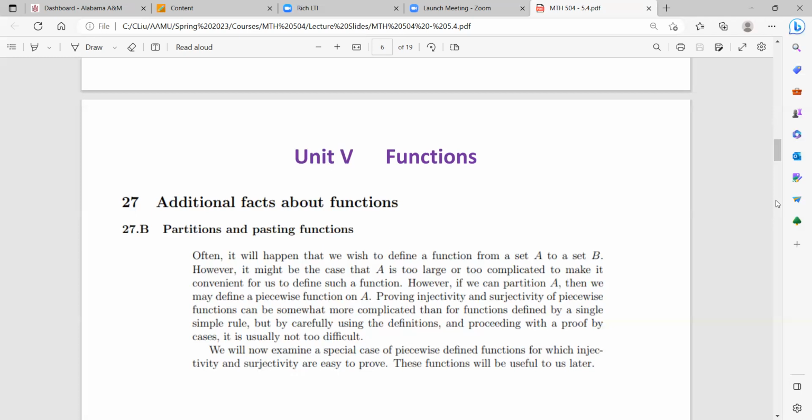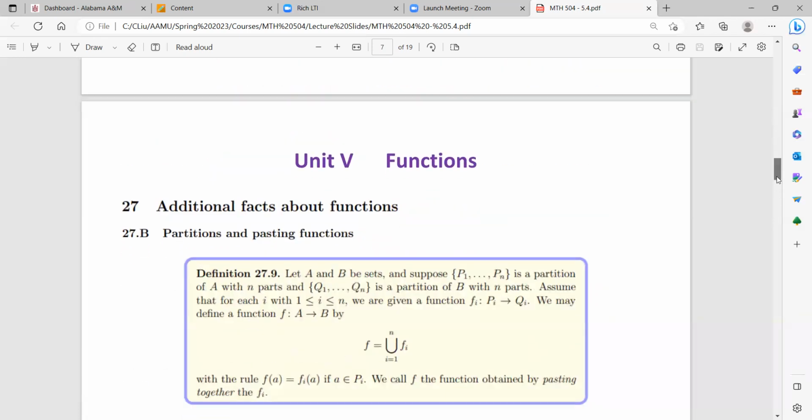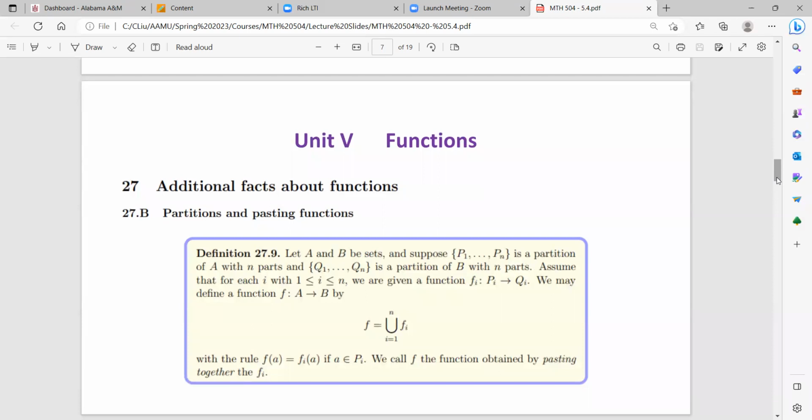Let's talk about the special piecewise defined function related to injectivity and surjectivity. Okay. So let's say we have 2 sets A and B, and we partition both sets into n parts.